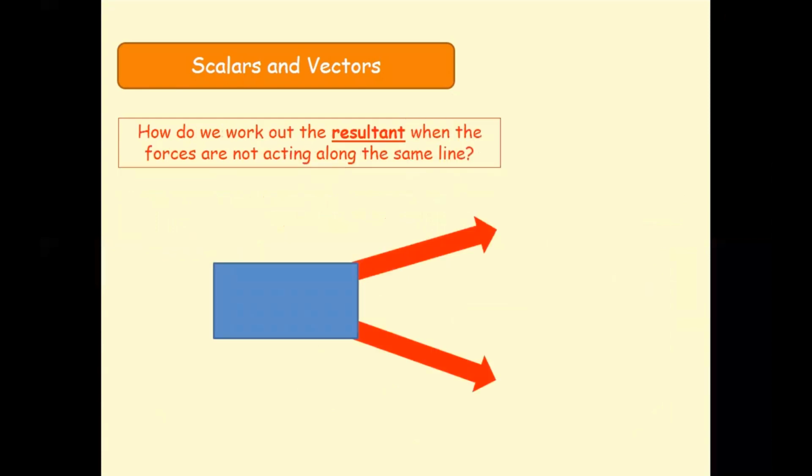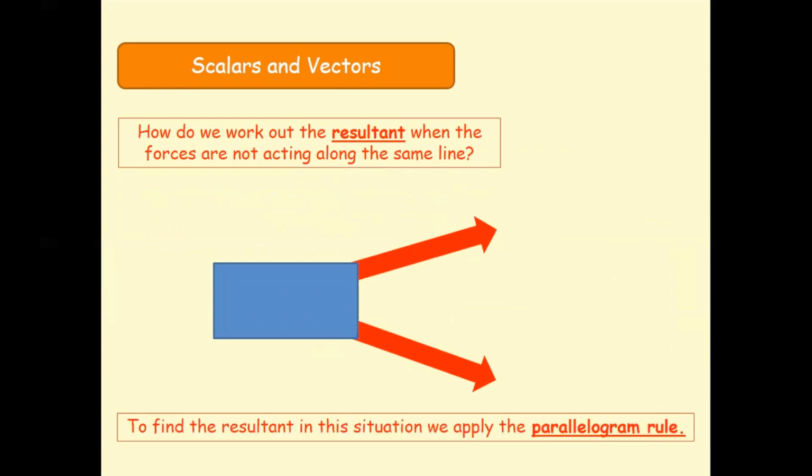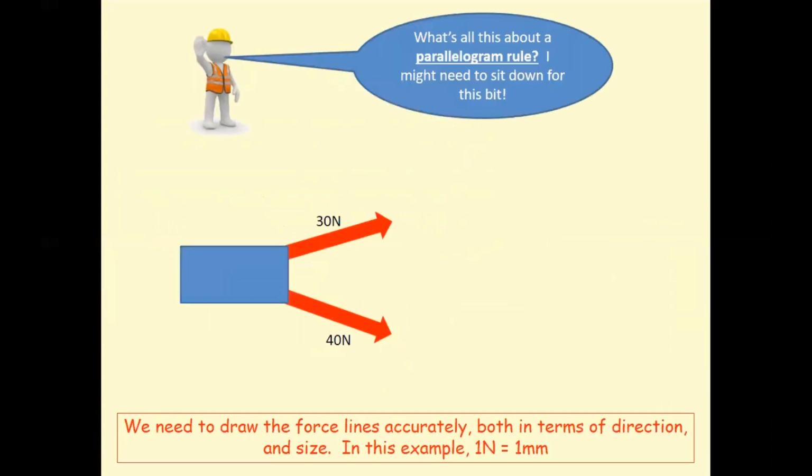So how do we work out the resultant when the forces are not acting along the same line? Definitely we will use the method of vector addition, the parallelogram method or parallelogram rule.